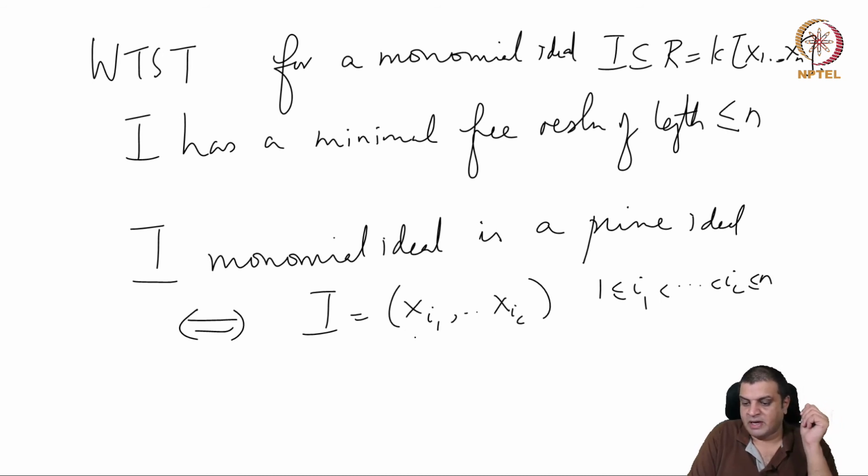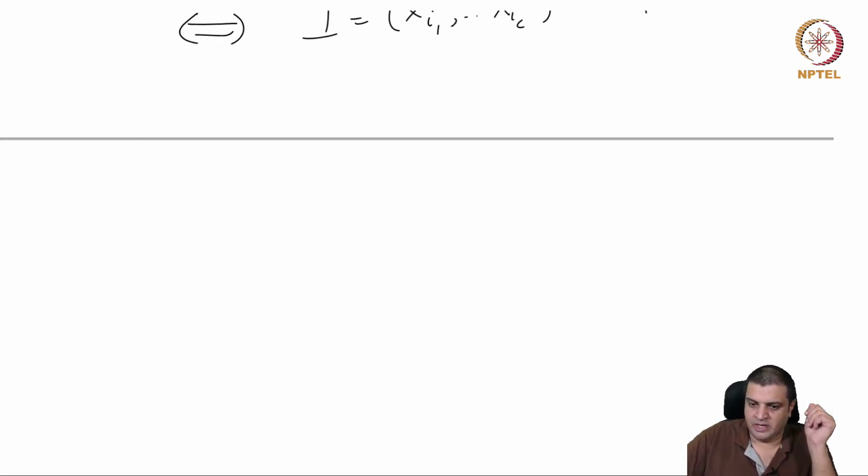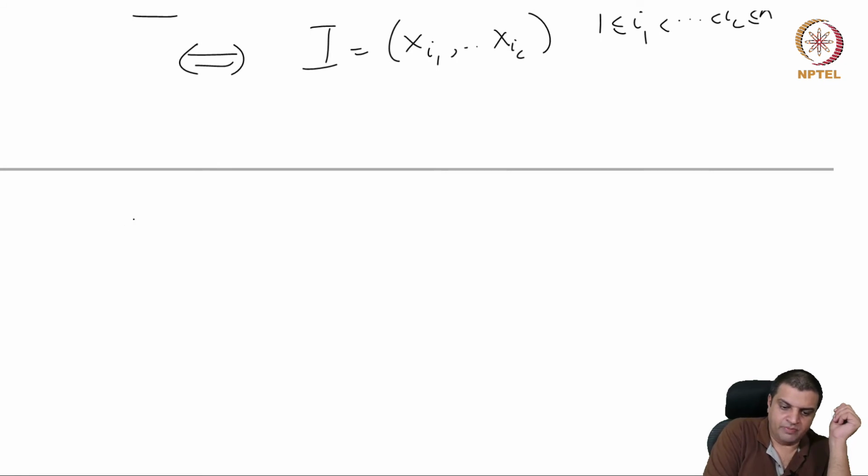It is generated by a subset of the variables. So this is only when it's prime.